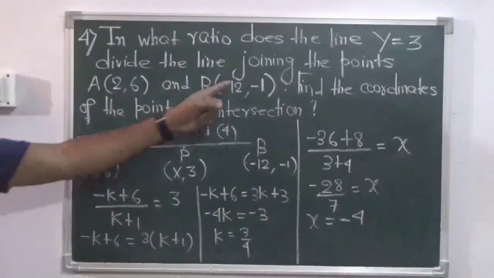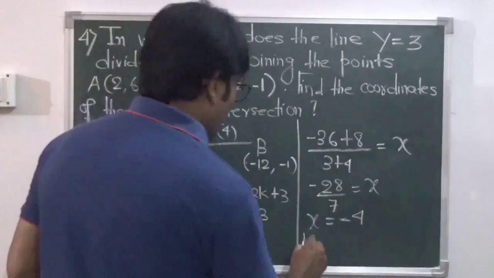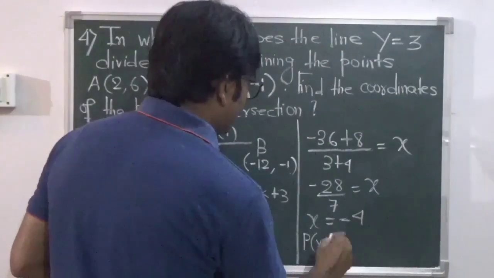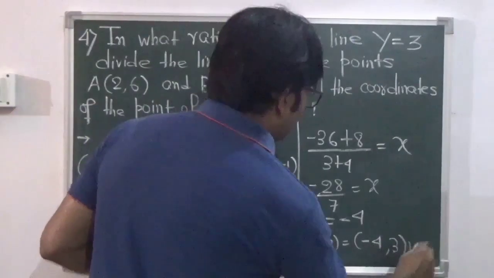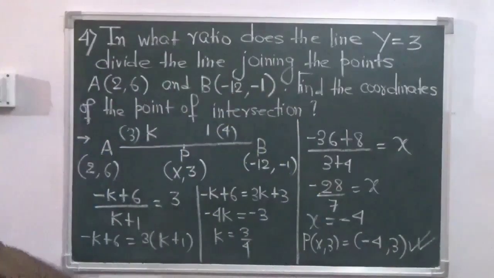The coordinates of the point of intersection, P (x, 3), are (-4, 3). So here is the answer.